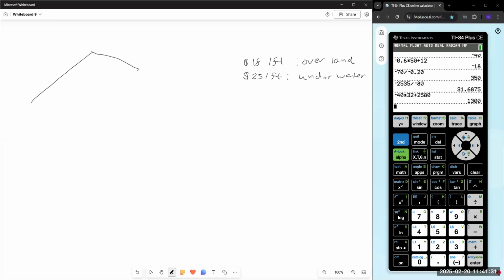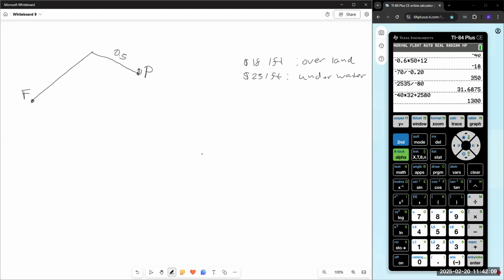Here's the factory that I'll call F, and here's the power station that I'm going to call P, and the river here is this wide, if I drew that right, it's 1/2 mile wide.